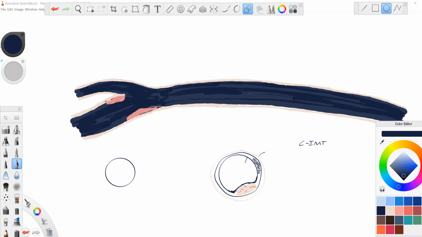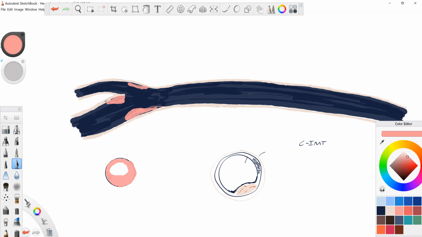What's actually going on is plaque might be thicker right here and thinner in here, but still it's really one big plaque. It's just around. And so that's what we're seeing up here. Like that, and perhaps a little bit over here.